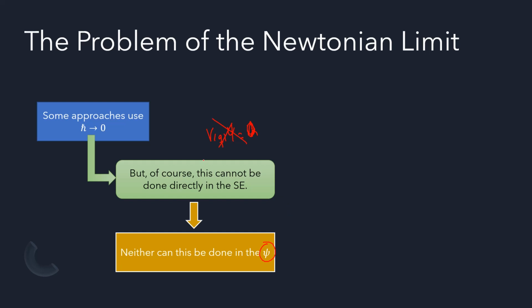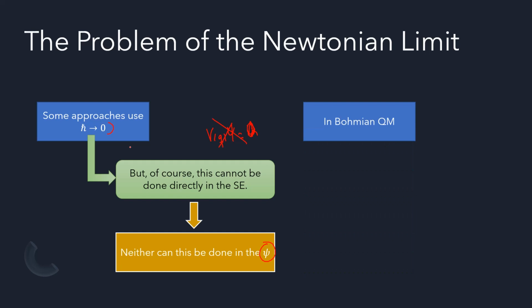So sometimes it seems appropriate to use this condition, this limit, in the results of some concrete experiments that we are studying. But the fact is that this kind of approach to Newtonian limit is not very systematic.